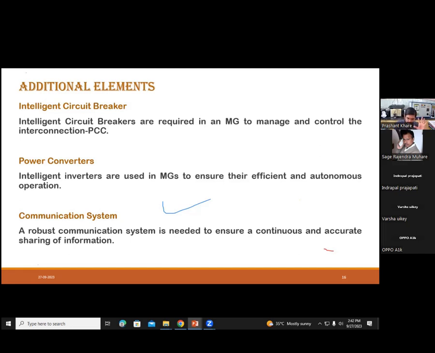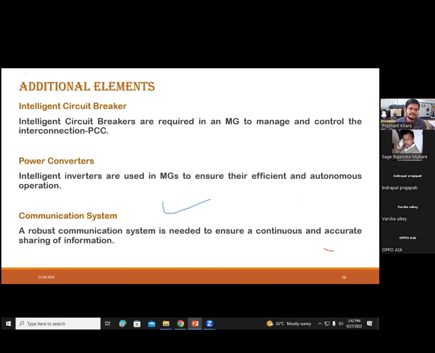Like the same, if you are having one converter at the grid, what's the purpose of that converter? If your microgrid is generating more power, means initially in the definition I told the microgrid can act as a load for the utility grid or as a source for the utility grid. So if your microgrid is generating more power than its connected load, then in that condition you can sell that power back to the main grid.